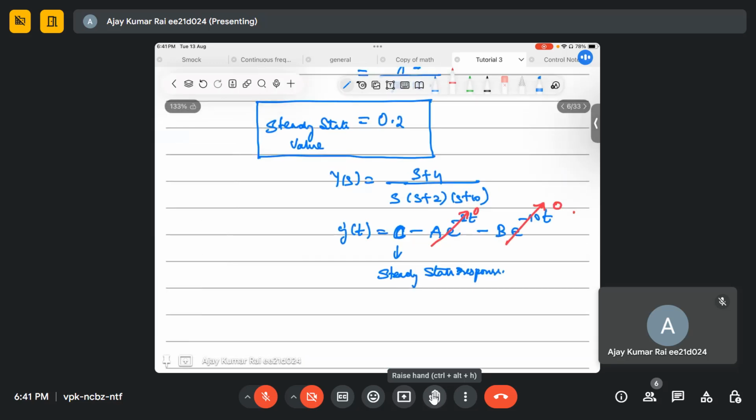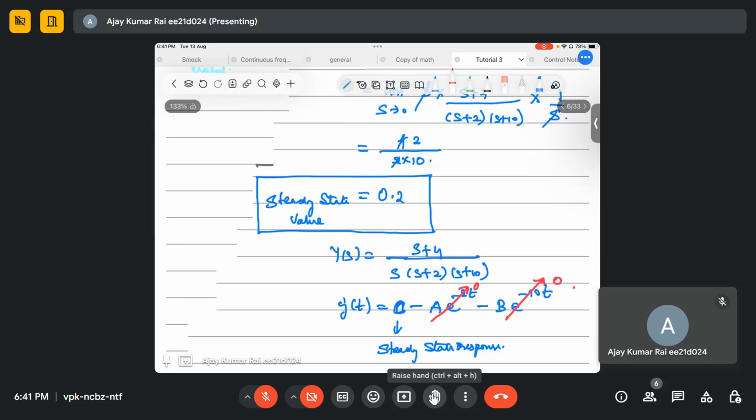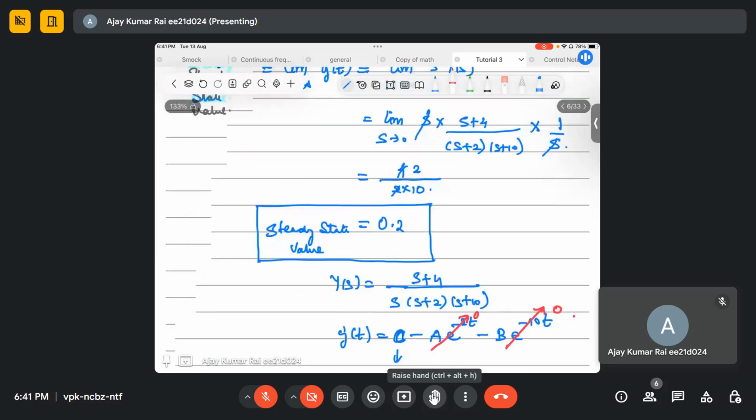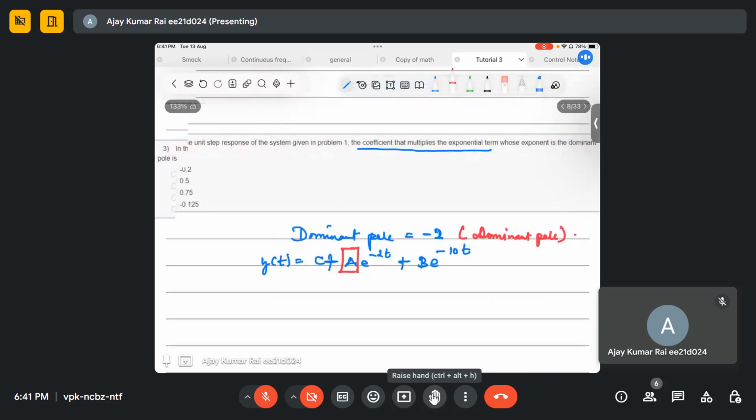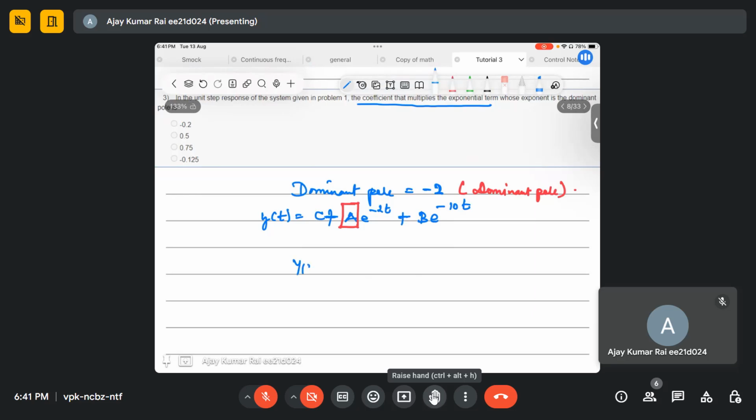You see, y of s is known: s plus 4 over s plus 2 and s plus 10.